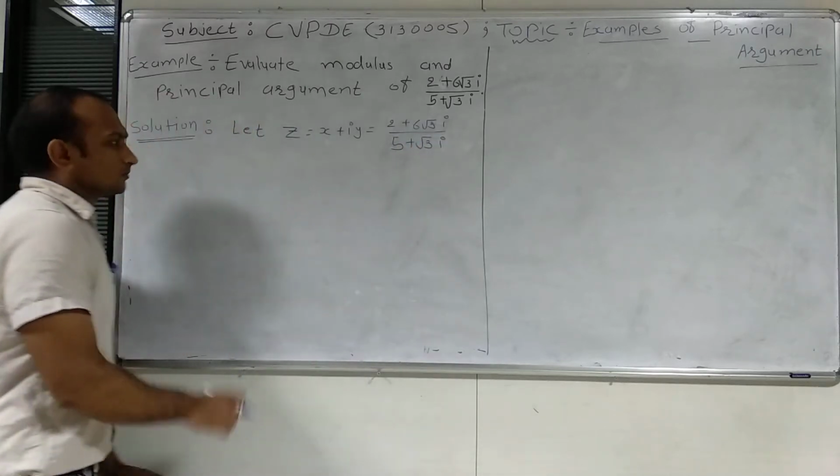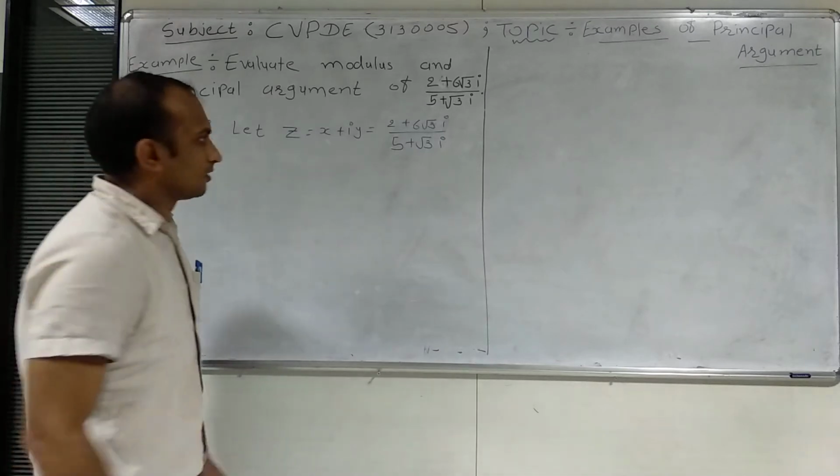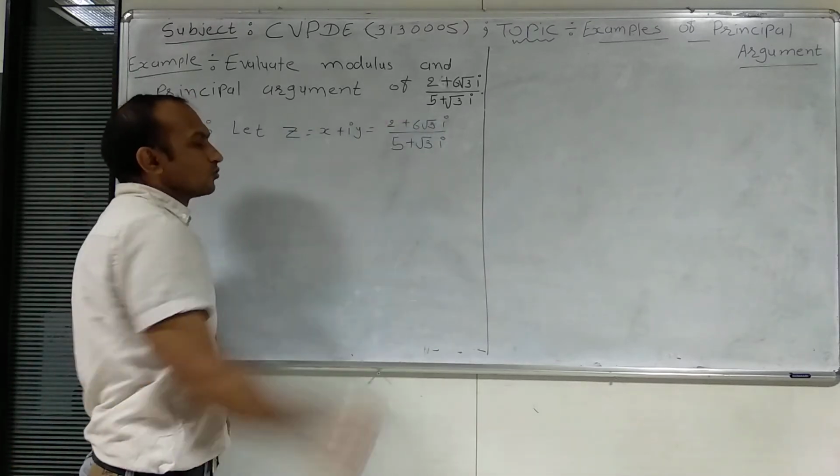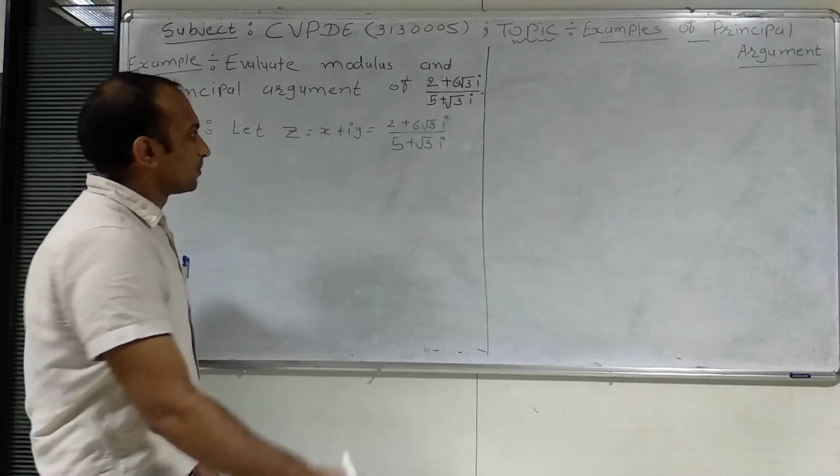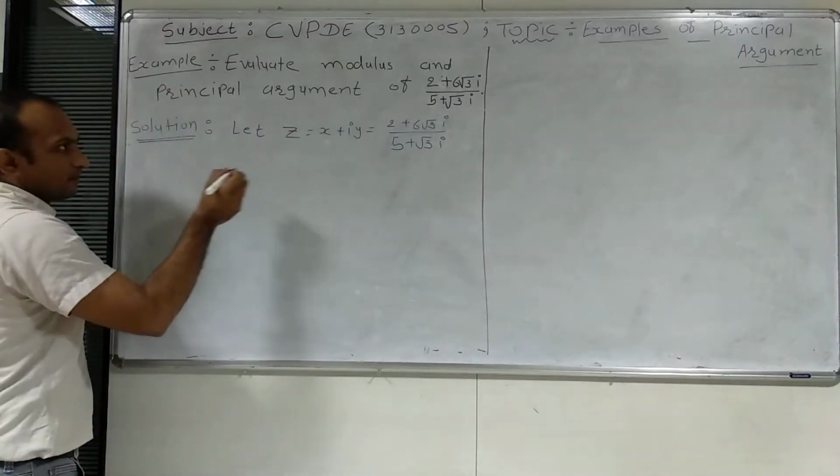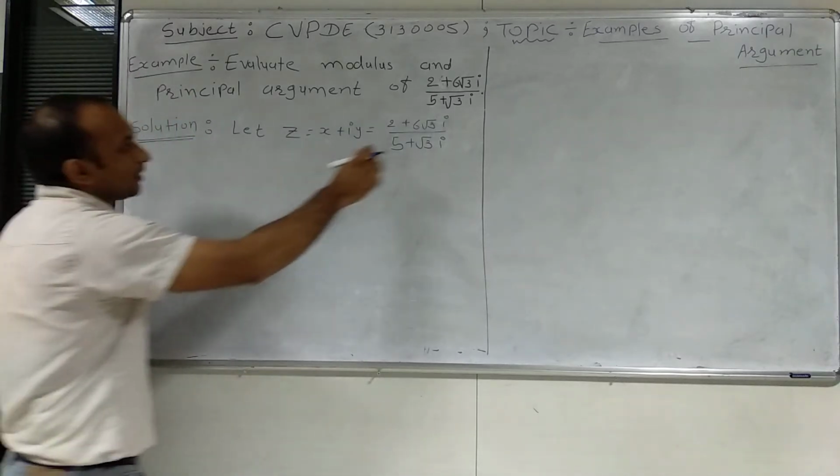Okay. So we convert this fraction of two complex numbers into a single complex number by multiplying the numerator as well as the denominator by the conjugate of the denominator.